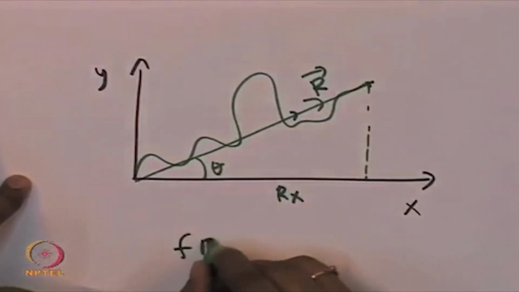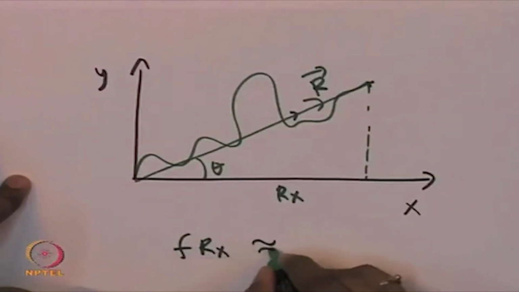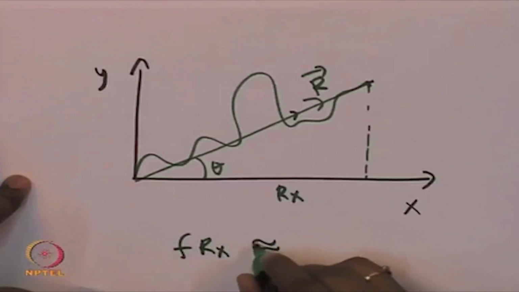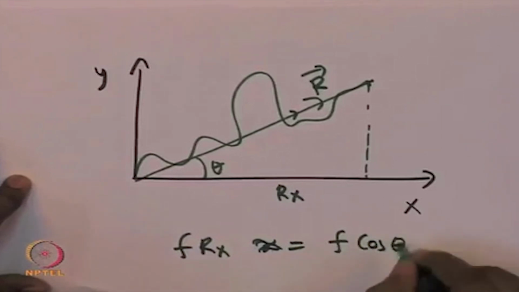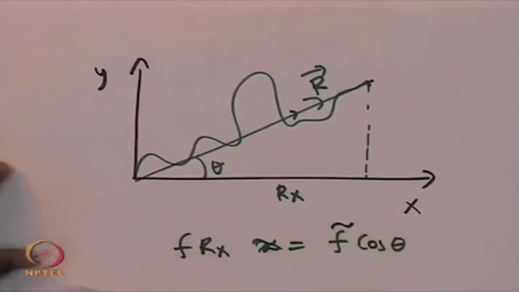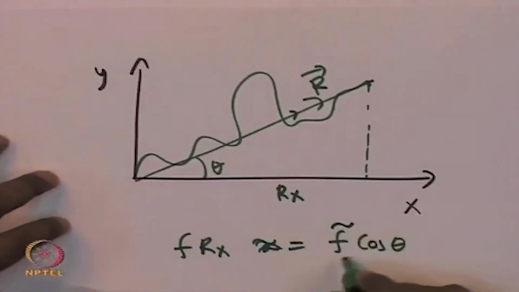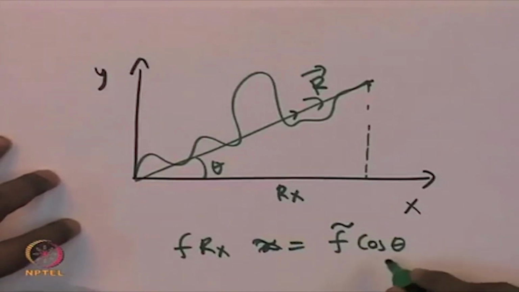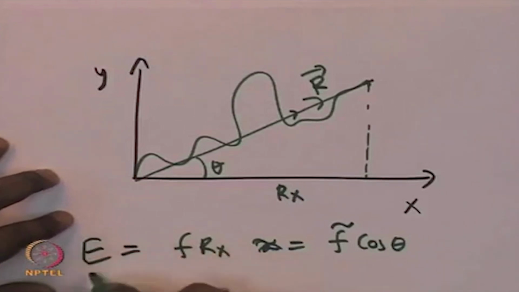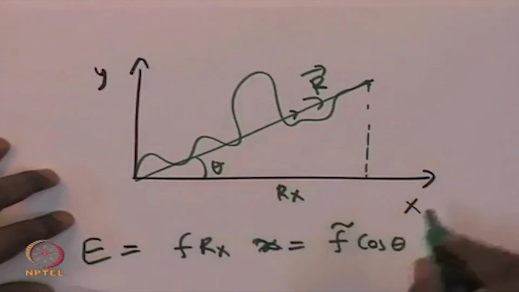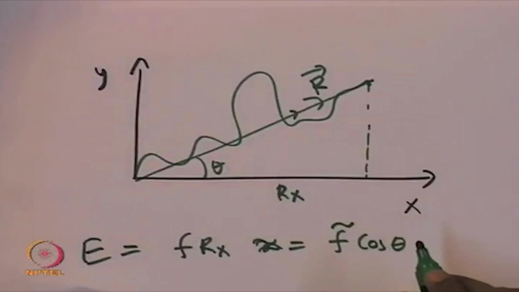So, F r_x can be written as F into cos theta into some constant. With all these constants absorbed, I will call this F tilde. So, let us call this F tilde cos theta. This will be the energy, because this is cos theta. So, what do we have? We have two energies.